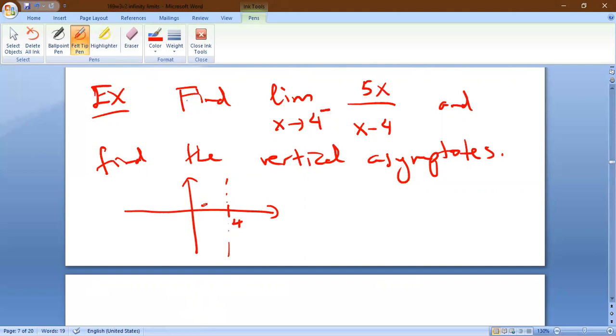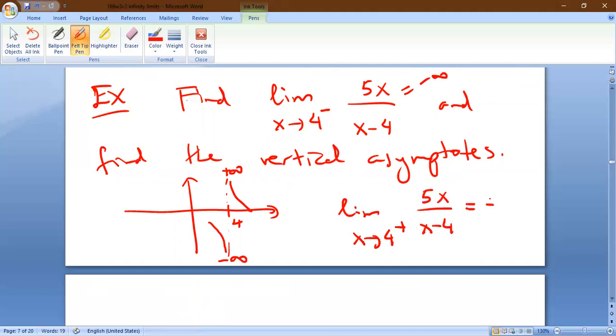Wait, is it true? No, from the left, we are going to get negatively very large numbers. So it's going to look like this from the left. From the right, it's going to look like this, by the way. So this is minus infinity. From the right we can say it's plus infinity. And then what can we also say? This line x equals 4 is a vertical asymptote.